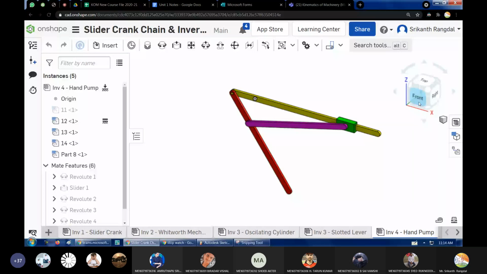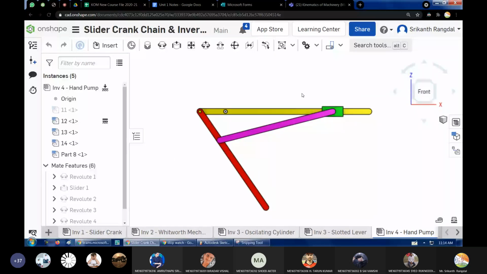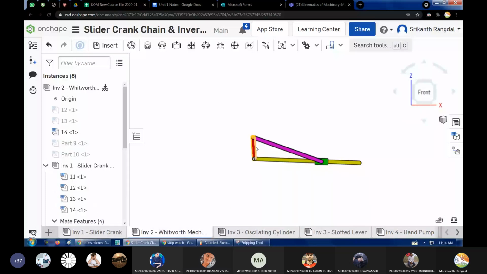Finally, coming to this last of the inversion. So which link is fixed here? Anyone can tell me? Which link is fixed here? Yellow one, sir. Red. Both wrong. Red link was fixed in Whitworth, right? Yellow link was fixed in the first case.